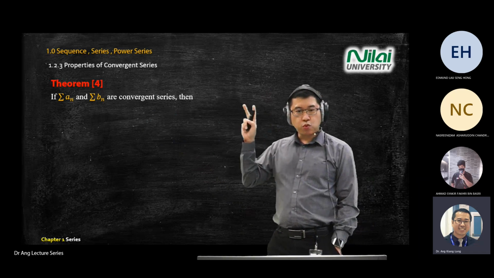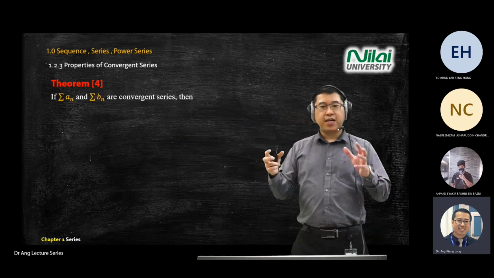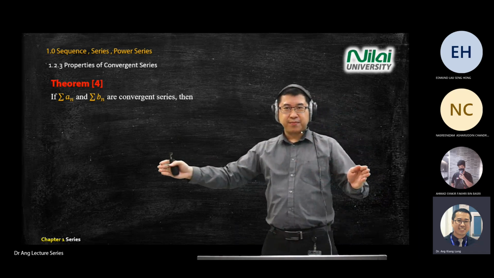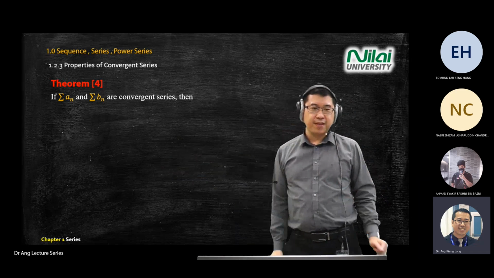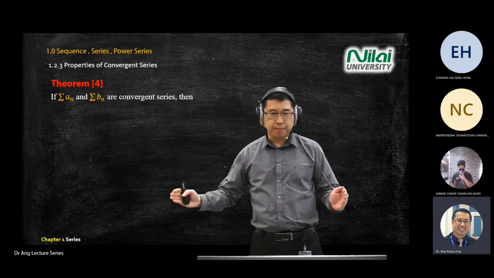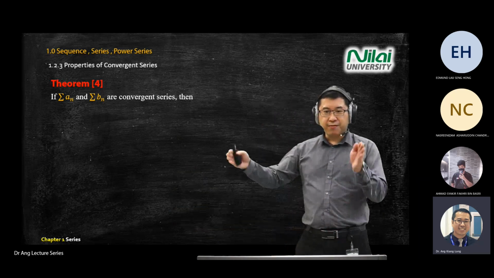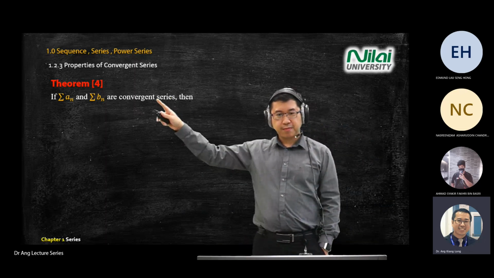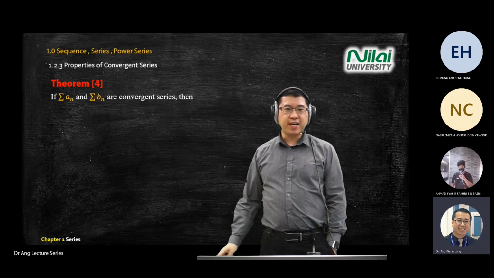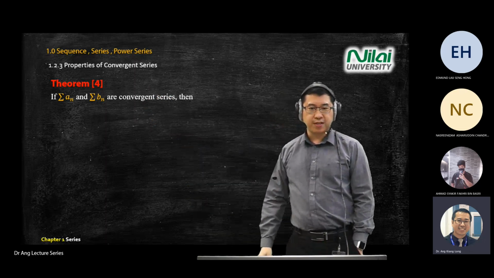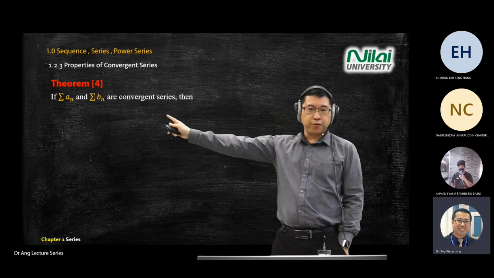If you have two sets of series, you combine the first set, then you have the second set of numbers, you combine them also, then you get BN. So you have AN and BN, both converge. If one of them diverges, then theorem 4 doesn't work. It needs both to be convergent.